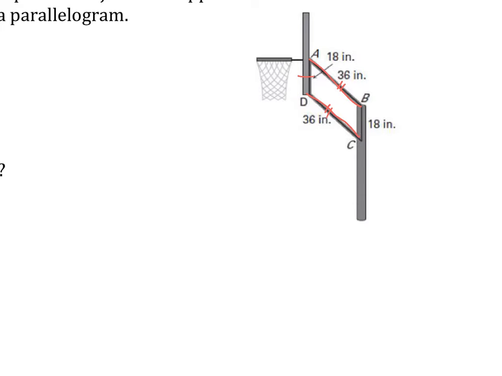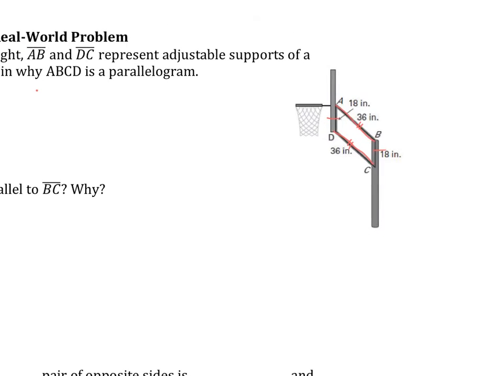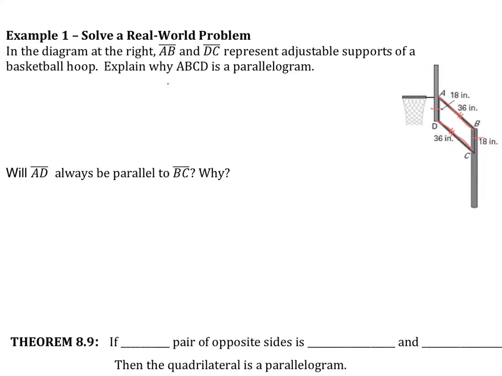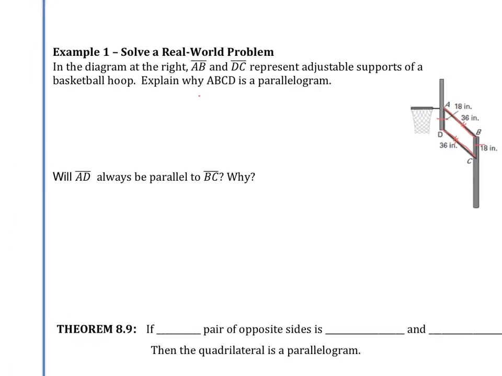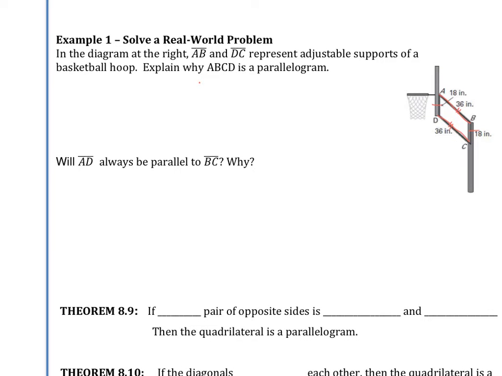And then right here, these 18-inch sides are opposite sides, and they're congruent. So that shape is a parallelogram because the opposite sides are congruent. How we can write that is: opposite sides congruent implies p-gram. So basically, if the opposite sides are congruent, we know it's a parallelogram.